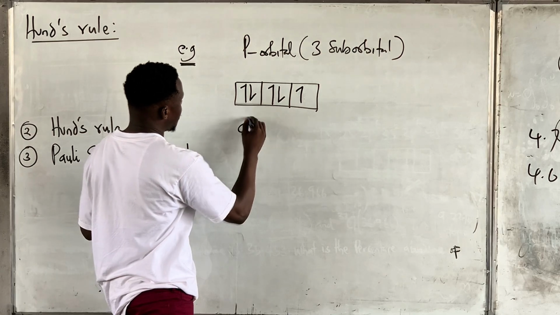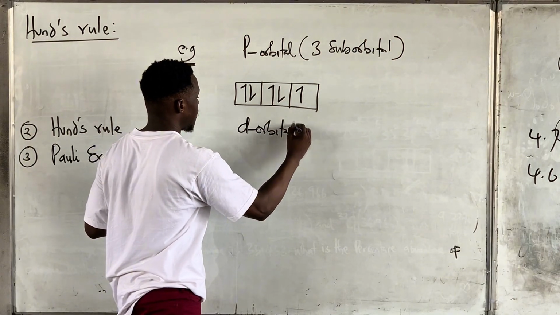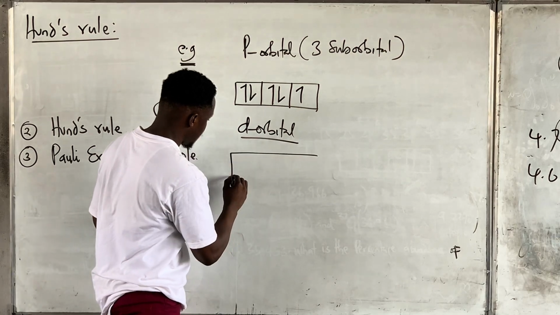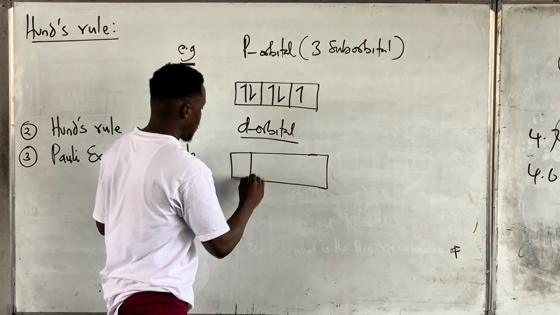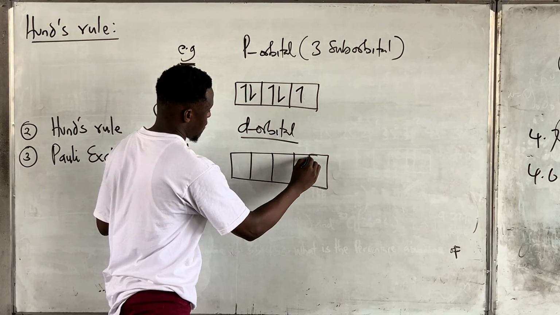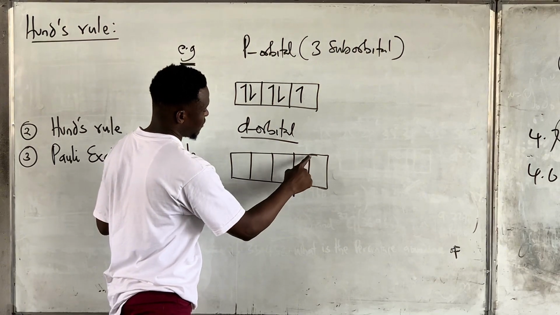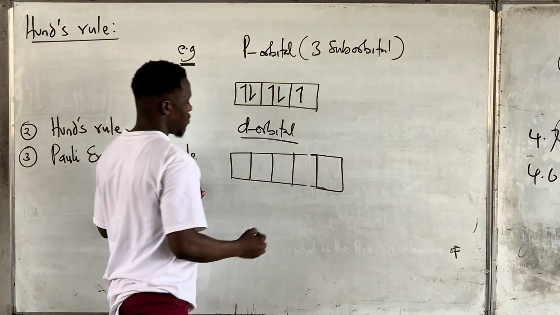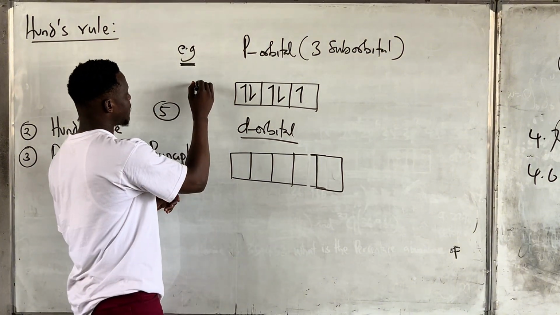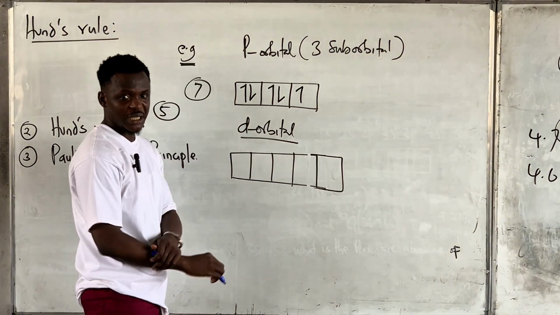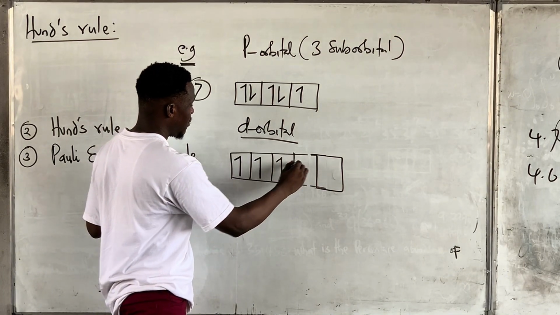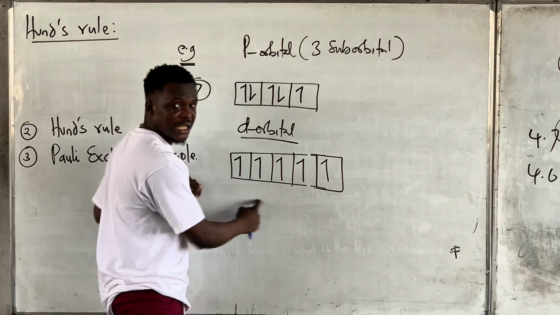Now the next degenerate orbital is the d orbital. D orbital has 5 suborbitals. One, two, three, four, 5. So let's assume I have 7 electrons to fill into this orbital. This will go first. 1, 2, 3, 4, and 5. Singly first.